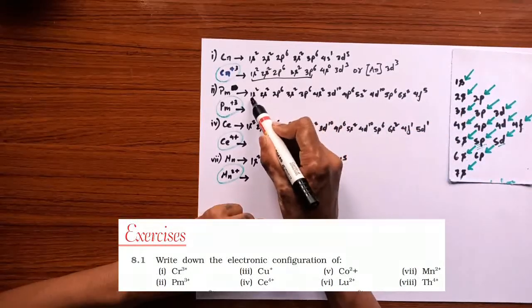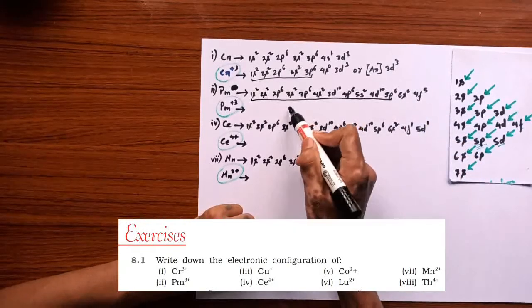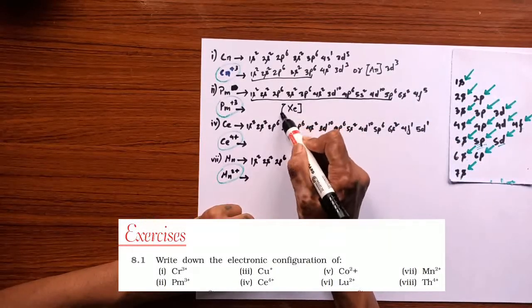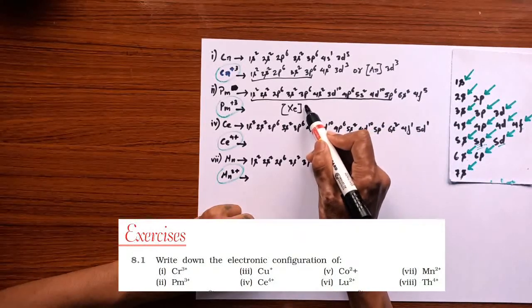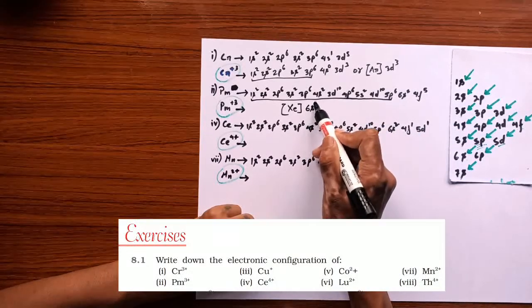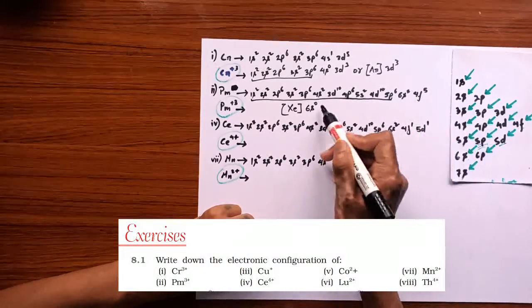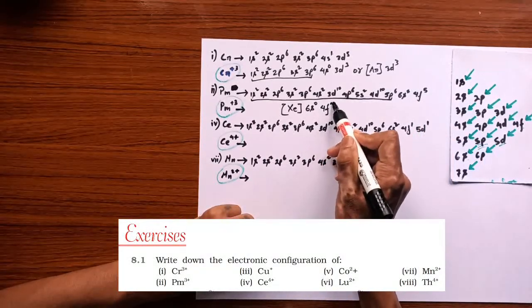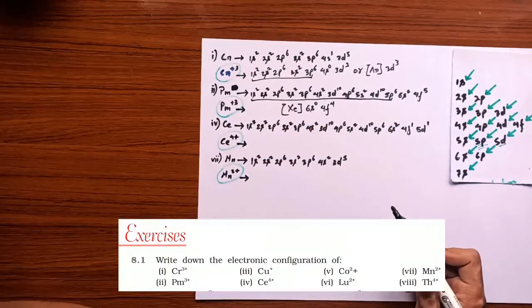So I'm just going to shorten the whole electronic configuration: from here to here is xenon, that is 54, and I've removed 2 electrons from the 6s, so we get 6s0, and I've removed 1 electron from the f orbital, so it gives us 4f4. So this is the electronic configuration of promethium +3.